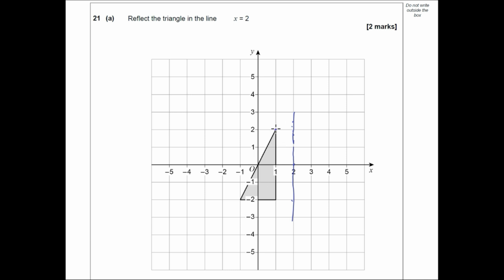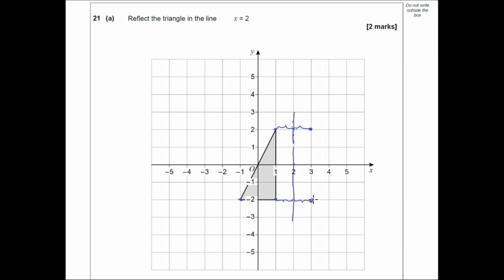So let's see all the corners here, the 3 corners. I'll call this line a mirror. The distance to the mirror is 1, so we need 1 here. We got the reflection. And then for this point, again, the distance is 1 to the mirror, so we get another 1 distance from the mirror.